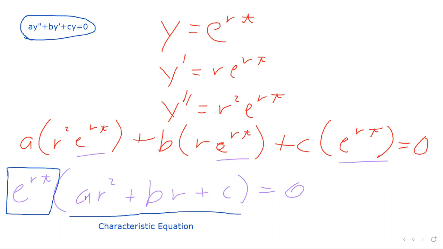They're going to give us certain a's, certain b's, and certain c's in our equation to solve. We'll then change it into the characteristic equation and focus on finding the r values that'll make this true. So when we're done, we're going to find some certain r1 and r2 that are going to work.